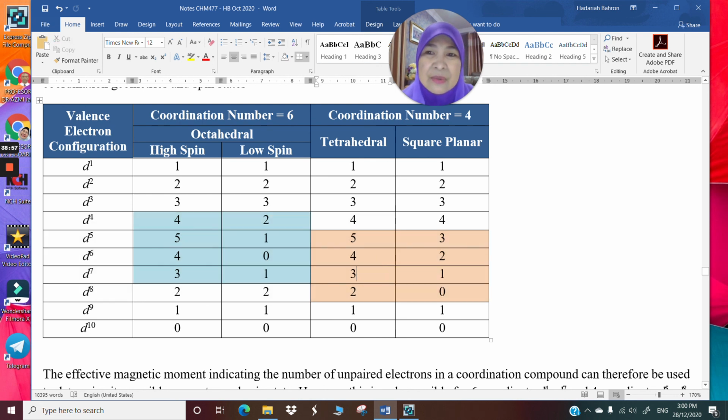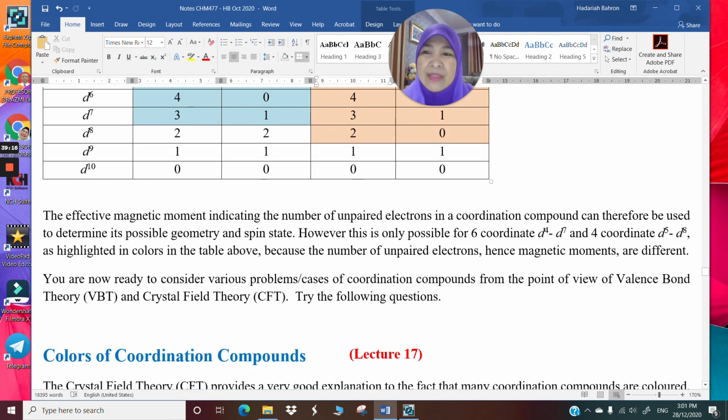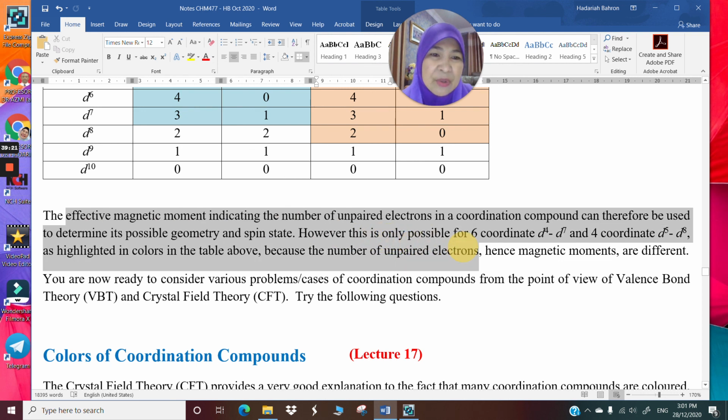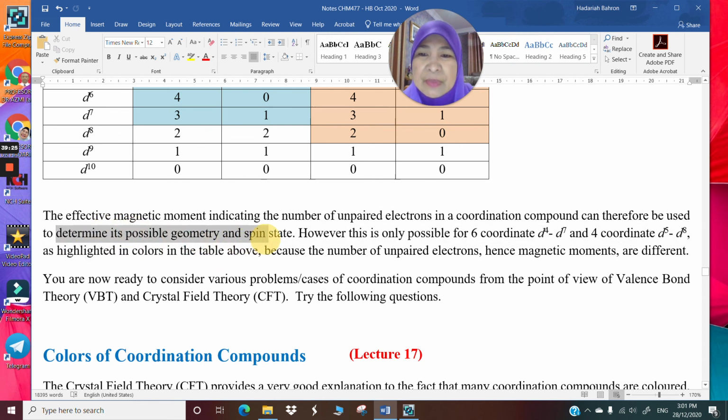So magnetic susceptibility measurement is a quite useful tool for a coordination chemist to distinguish the possible geometry that will be adopted by the compounds that they make in the lab. The effective magnetic moment indicating the number of unpaired electrons can therefore be used to determine the possible geometry and the spin state, either high spin or low spin.